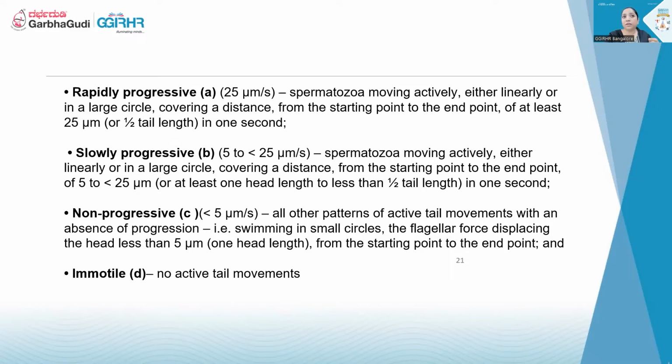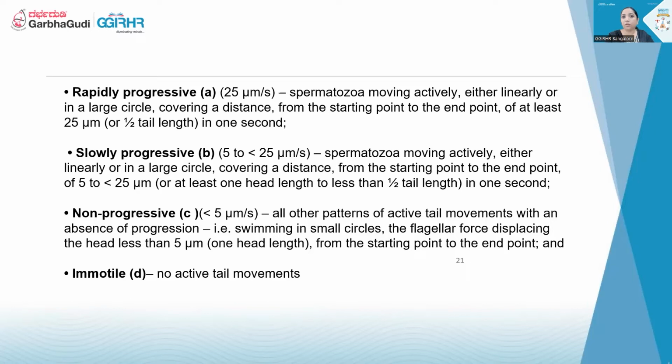A and B, the rapid and slow progressive, are both good indicators, or you can combine A and B to note down how many motile sperms there are and how many will be available, which is helpful for IUI, IVF, or ICSI. Once you have calculated that, you will have a better understanding of what kind of treatment would be better for the couple.